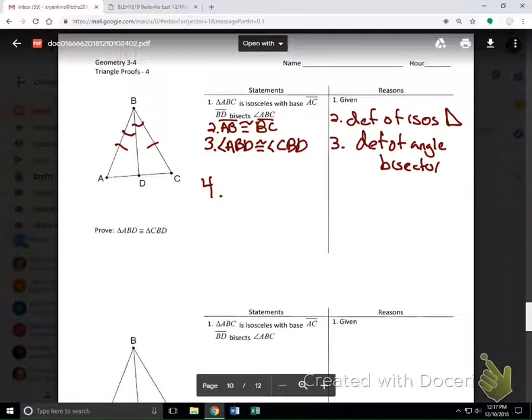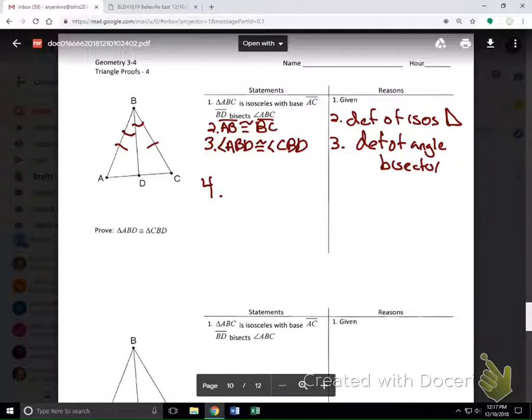We need to show that these triangles are congruent. How do I show these two triangles are congruent? We have a side. We have an angle. We can either show that another side is congruent or another angle is congruent. Which one do you think we have a better chance of? Some people are saying side, some are saying angle. When you see a picture that has a shared side, what do we know we can use?